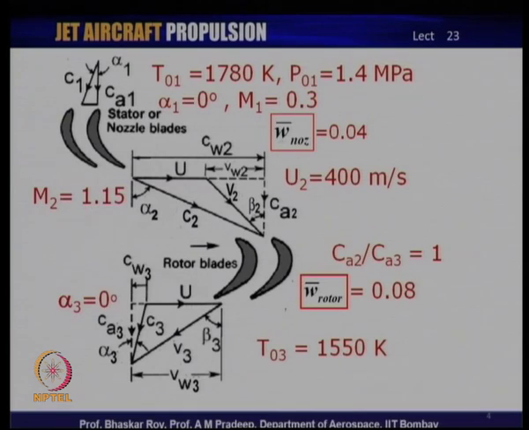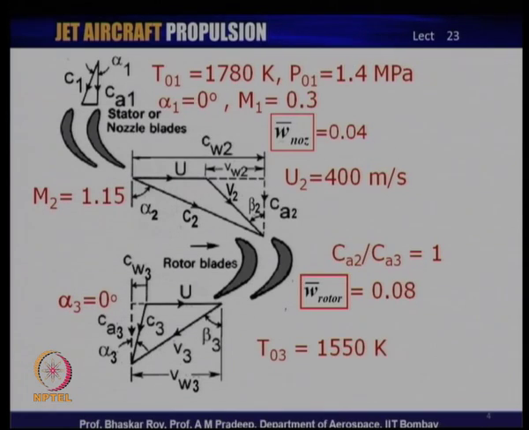At station 1, alpha 1 is prescribed as 0 degree, and the entry Mach number 0.3 corresponds to C 1, which is shown in the diagram. So, that C 1 corresponds to M 1 equal to 0.3 at that particular station.